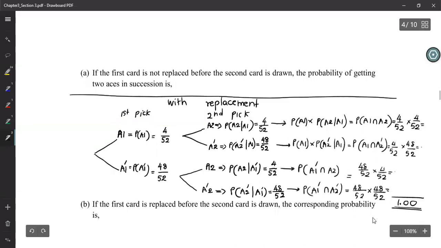Try this equation, try to find the probabilities. Do not round up until the last answer. At least keep 4 decimal places. Then you will see you get the total probability 1 if you add these 4 probabilities together. Okay. Now this is called a complete tree diagram. When you have a tree diagram like this, you can find a lot of probabilities related to conditional probability.